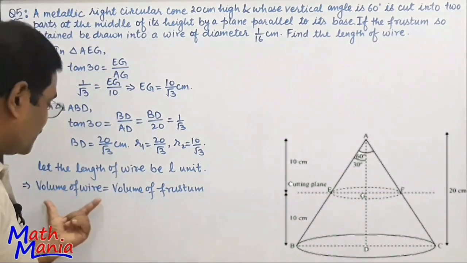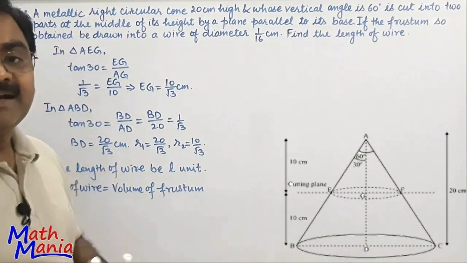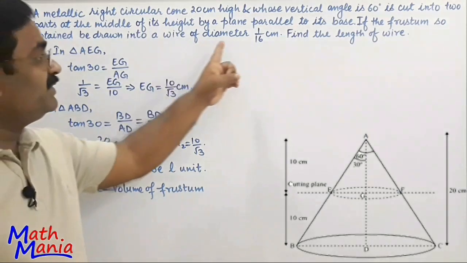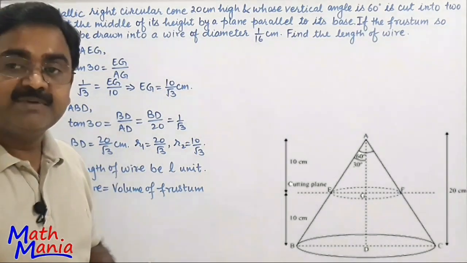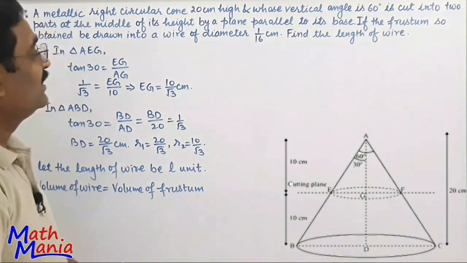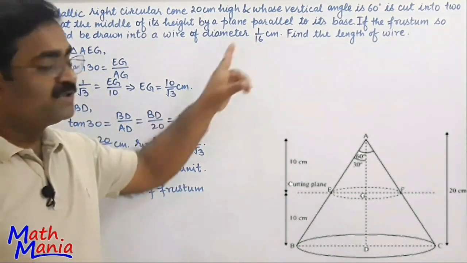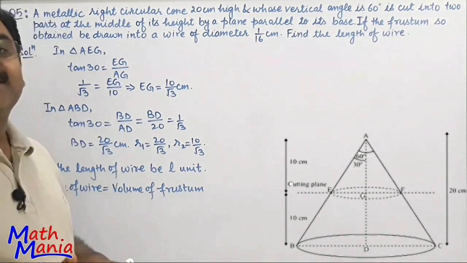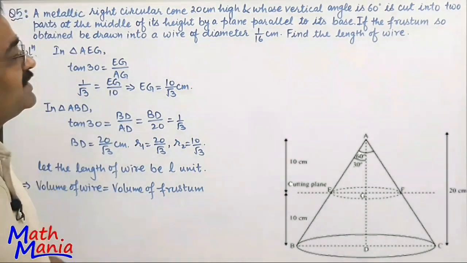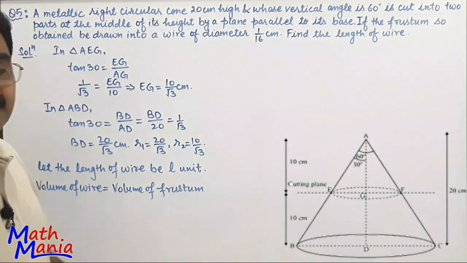So the volume of this cylindrical part is pi r square h. Its diameter is given as 1 upon 16 centimeter. So its radius will be half of this, so that radius can be written as 1 upon 32 centimeter.